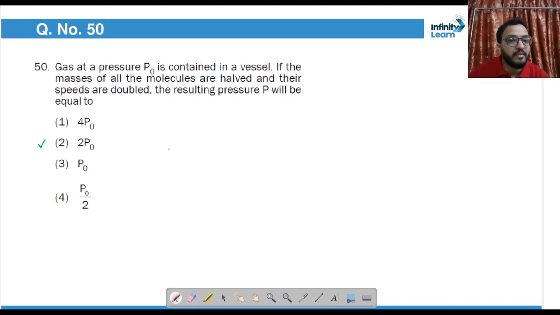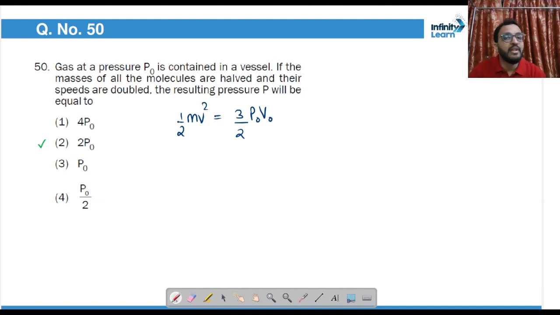Now the 50th question. See, gas at a pressure of P naught is contained in a vessel. If the masses of all the molecules are the same, we know the kinetic energy is half mv square, which equals 3 by 2 P naught V naught.